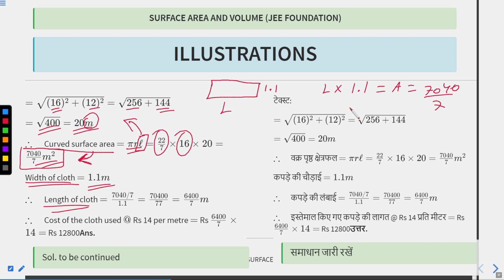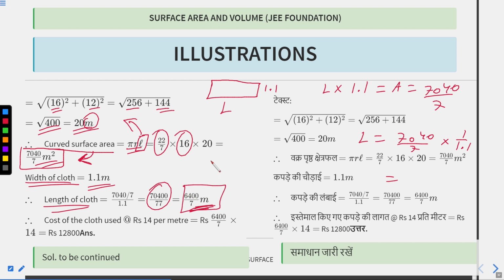By just manipulating, I will get the value for L. L is equal to 7040/7 multiplied by 1/1.1, which further can be evaluated as 70400 divided by 77, which is 6400/7 meter. Okay, so the length of the cloth is this.